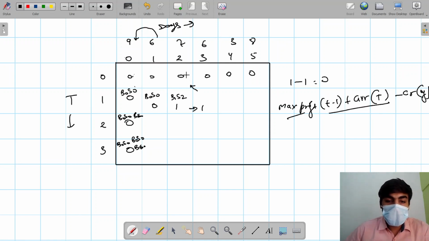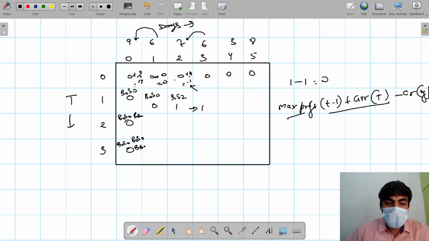So for the previous transaction and previous day, today's price 6 minus 7, we get minus 1, plus 0. So we get minus 1. 6 minus 6, we get 0, plus 0, 0. 6 minus 3, we get 3.